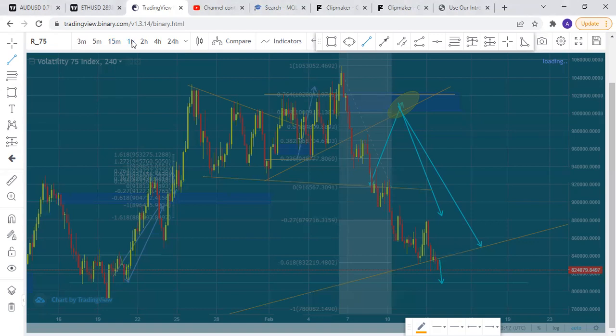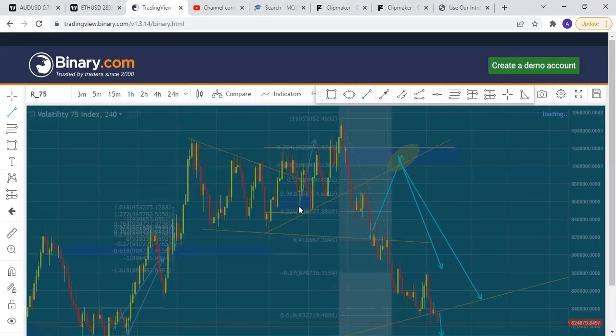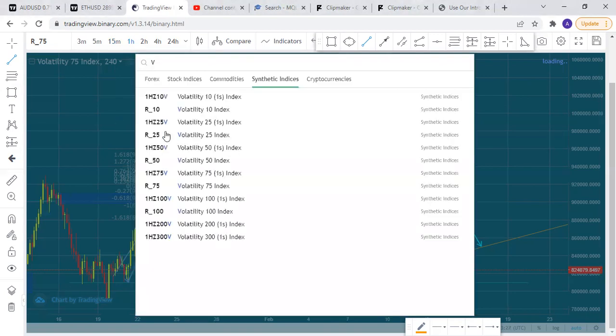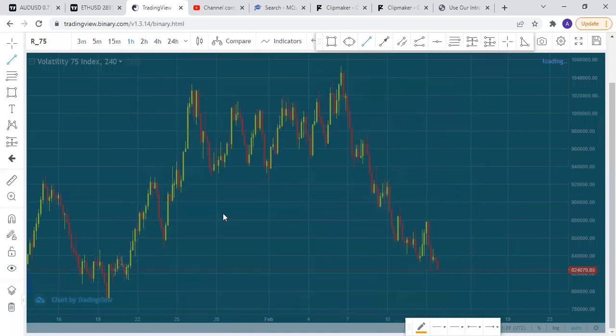Let's see. This loads a bit slowly. I don't know why, synthetic indices charts load a bit slowly. Let's quickly look at V100.